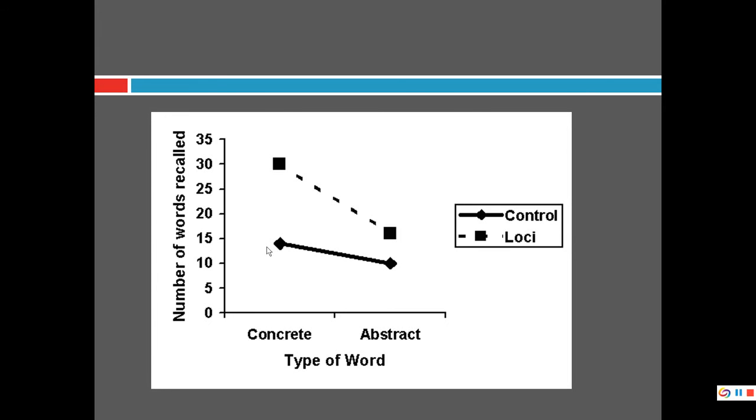This method of trying to remember words in specific physical locations works better for concrete words, which you can think of their physical constituents and put them in the actual place in your mind. You can think about milk and rice and whatever along your path. For abstract words, it's kind of hard to place intelligence and frugality and racism along a particular path, right? Those types of abstract words don't lend themselves as well to the method of loci.